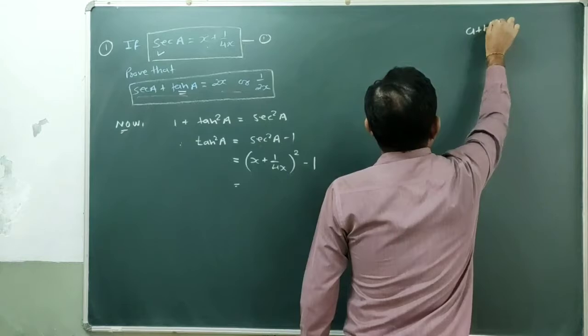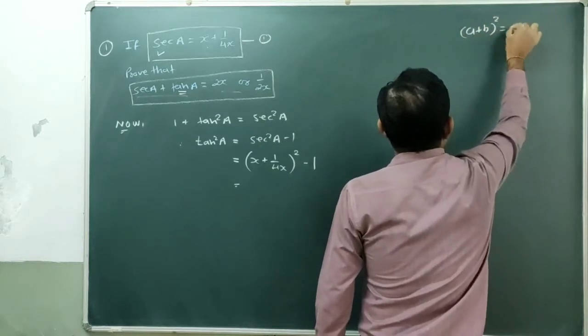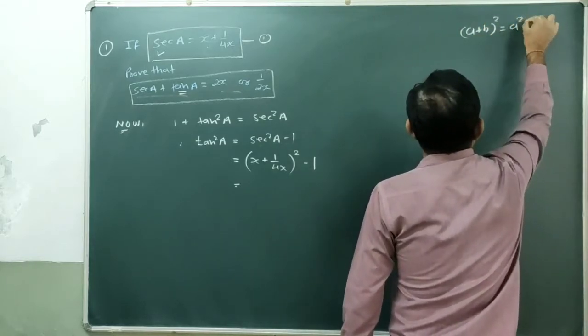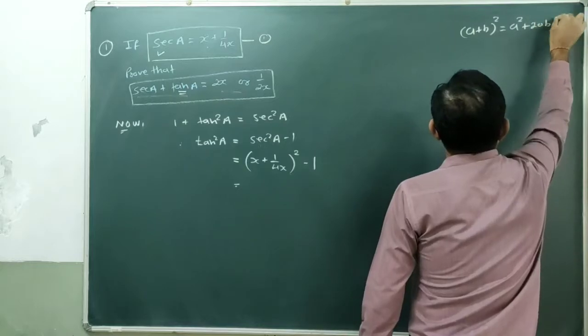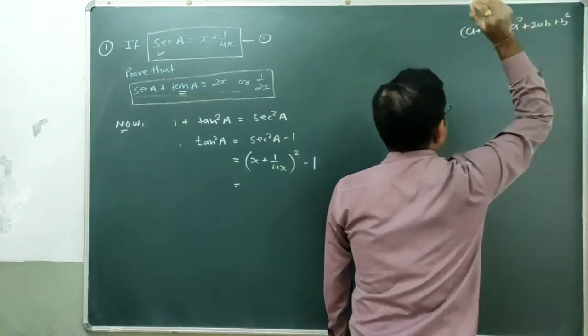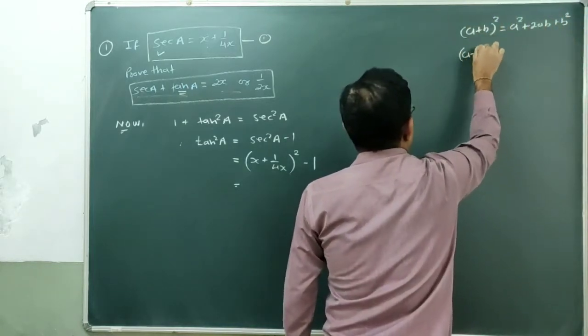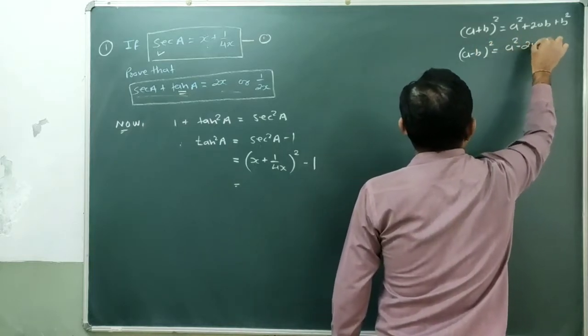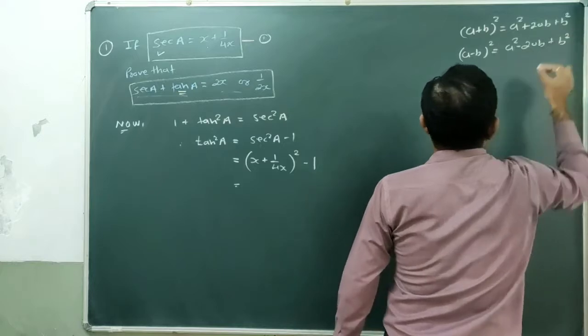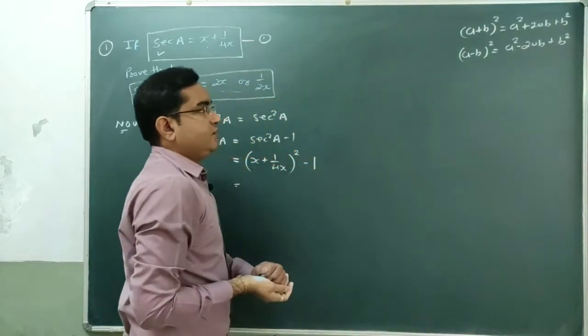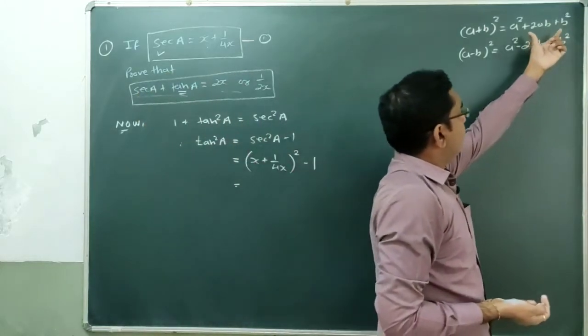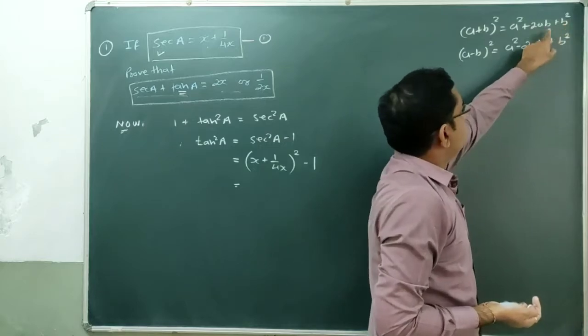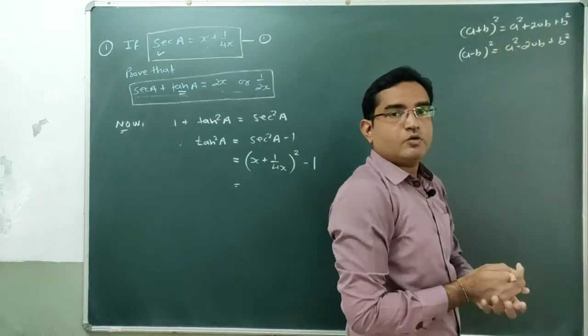The expansion is a square plus 2ab plus b square. If minus sign is there, it's a minus b whole square, and the expansion is a square minus 2ab plus b square. If our term is in the form of this perfect square trinomial, then its factorization will be a plus b whole square.